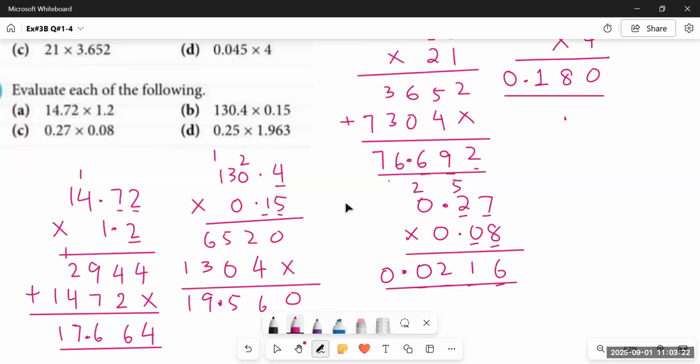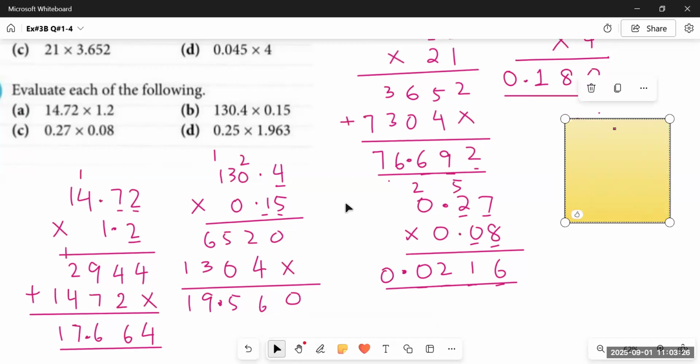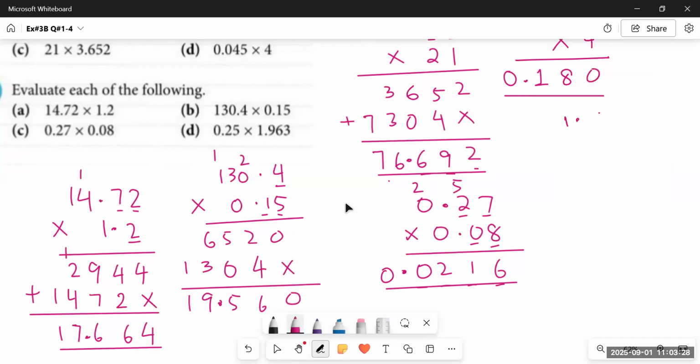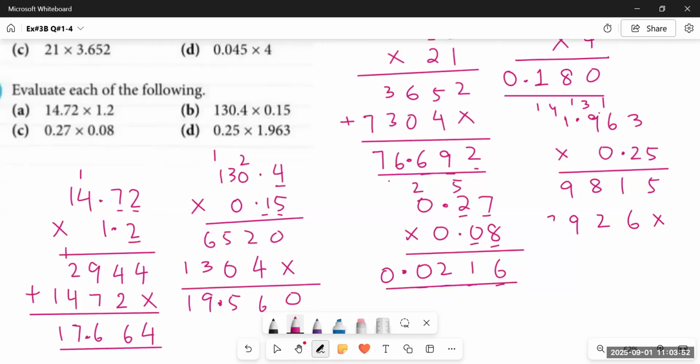And then we have 1.963. So what are we going to do? We are going to write 1.963 above and then 0.25 below, because here we have 2 numbers to multiply with. 5 threes are 15, 5 6 are 30, plus 1 31, 45 plus 3 48, 5 ones are 5 plus 4 9. Here comes 2 threes are 6, 2 6 are 12, 2 nines are 18, 19, 2 ones are 2 and 3.